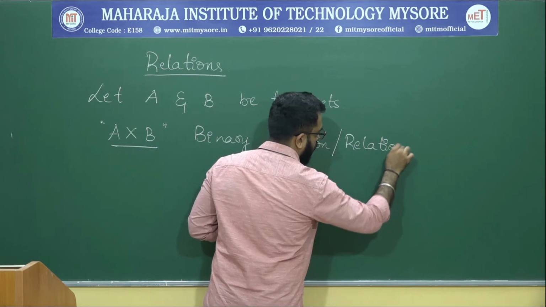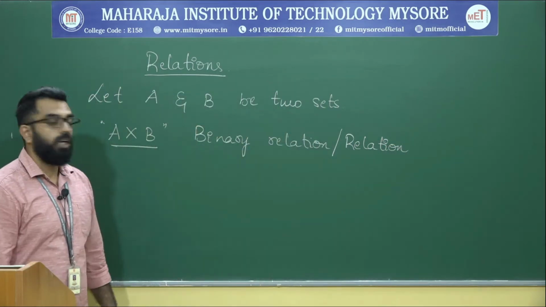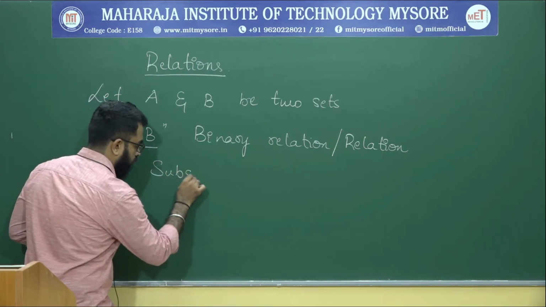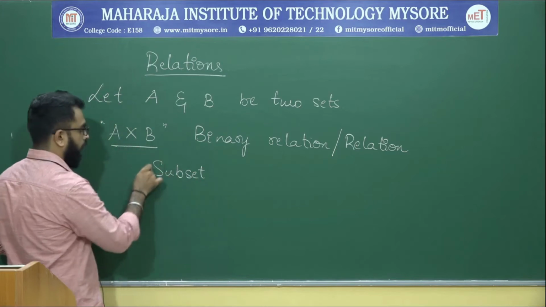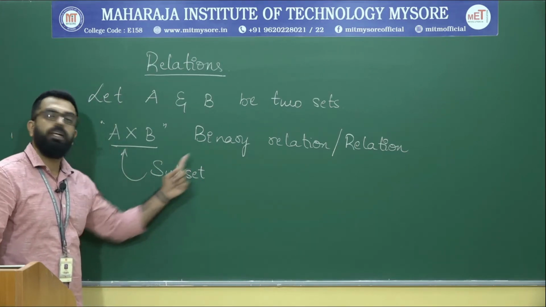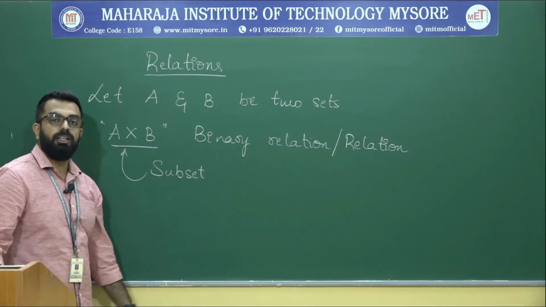We can call it a binary relation or also simply call it a relation. If I can derive a subset of A cross B, then we call it a binary relation or simply a relation.